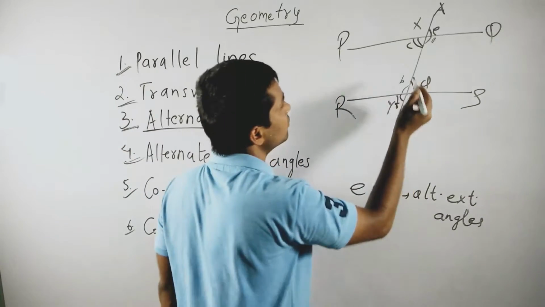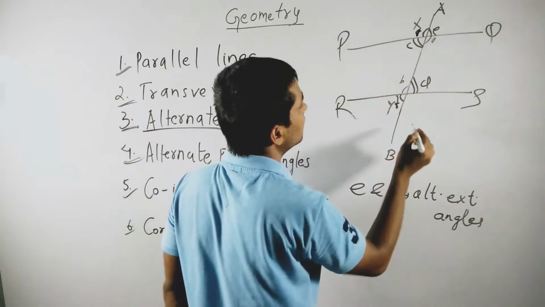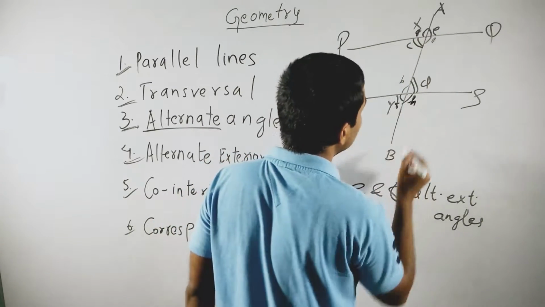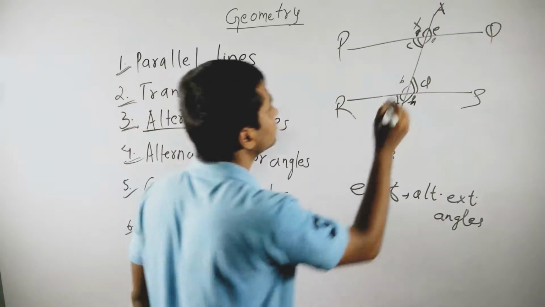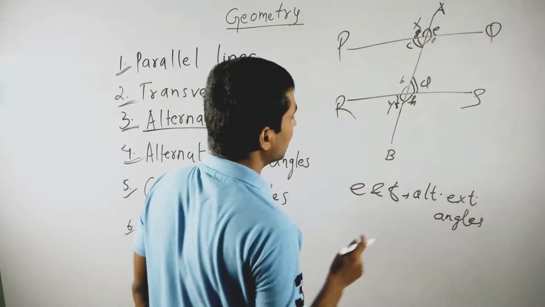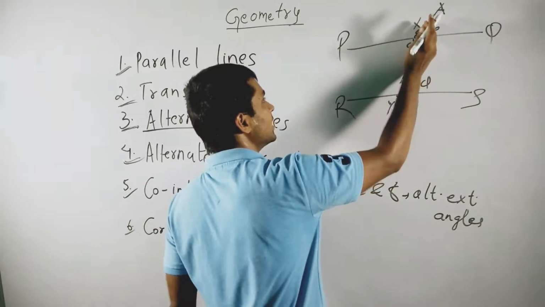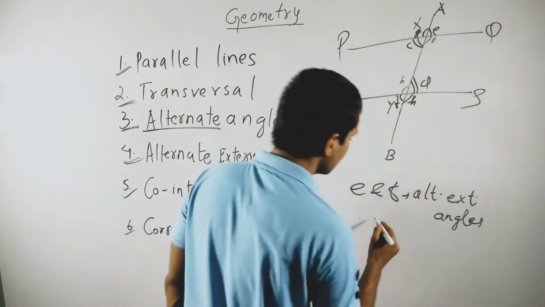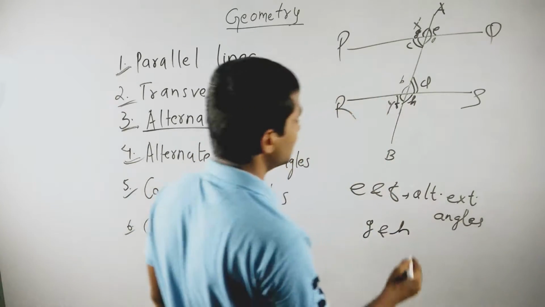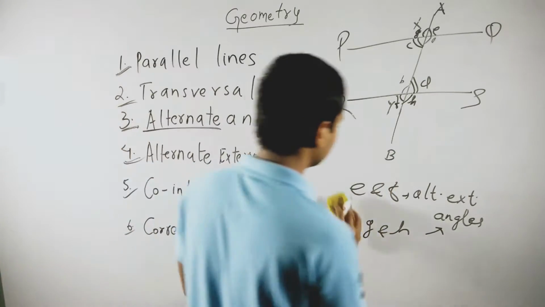Also, if I draw one more angle here and call it G and this one H, we can see G and H also lie on two alternate sides, on the exterior sides. So G and H are also alternate exterior angles. Even these are always equal.